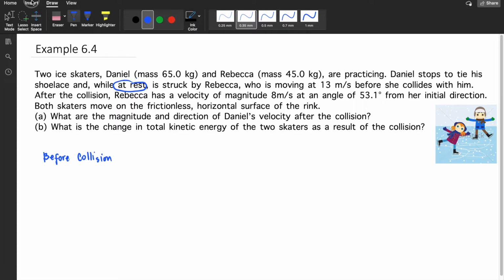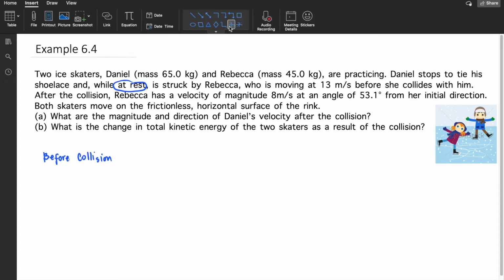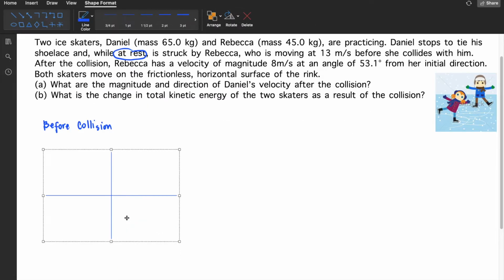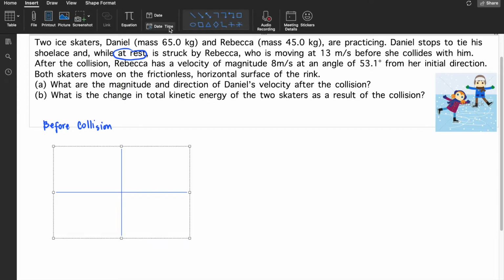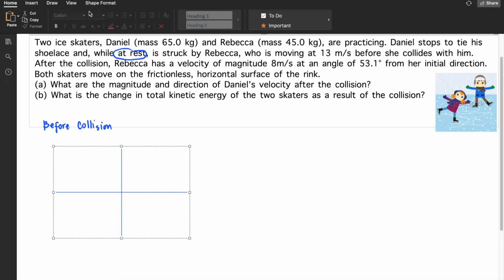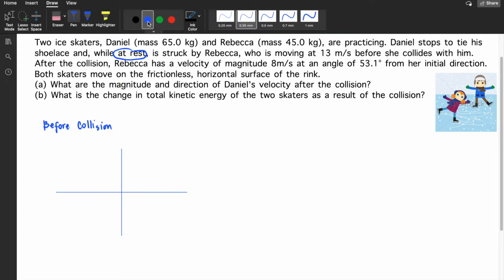We'll have to draw some x, y coordinates in order to locate those two. Okay, next, here at the origin, here's the location of Daniel.